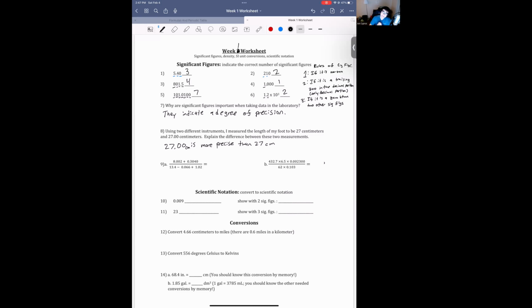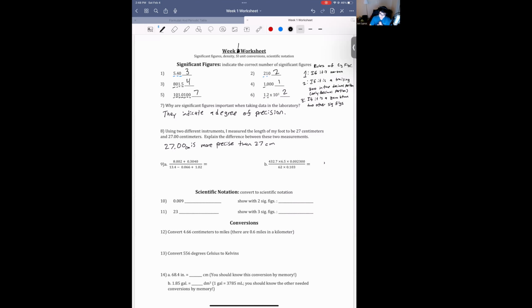Now, these are the same number. So when you're doing just math calculations, addition, subtraction, functionally, these are the same. But when it comes to taking measurements, and considering sources of error, things that may have been inaccurate, these are not the same. So same numerically, not really same in practice.